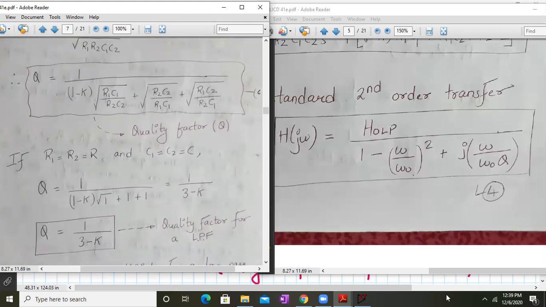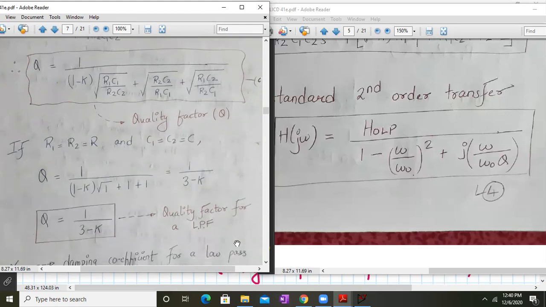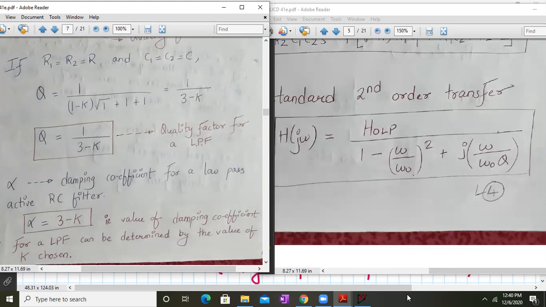So the quality factor Q will be 1 divided by 1 minus K into square root of 1 plus square root of 1 plus square root of 1. So basically we can add these 1, 1, 1 together. So you will get Q is equal to 1 upon 3 minus K. So this is the quality factor, if we select R1, R2 is equal to R and C1, C2 is equal to C. And 1 upon quality factor will give us the damping ratio for a low pass filter.